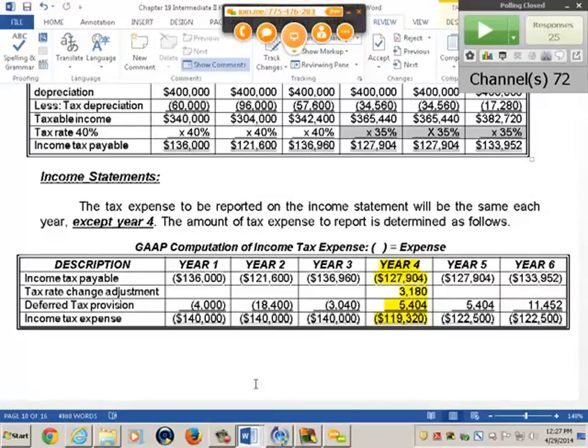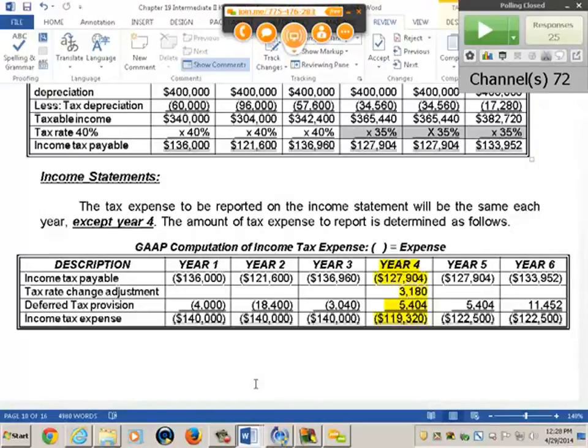Now, in year 4, which is highlighted, the problem here is the tax rate change results in volatility. The effective tax rate, although not that significantly different, is 34.1.